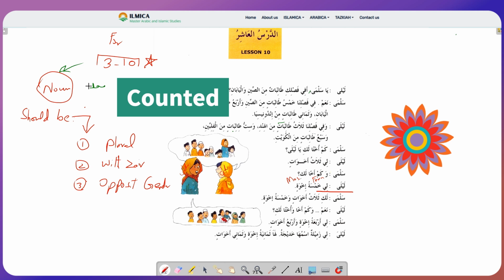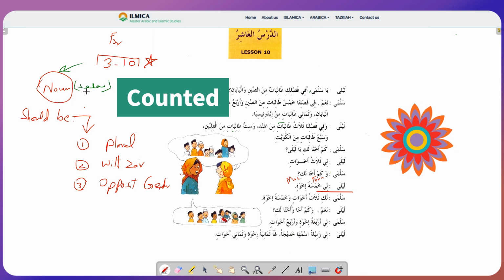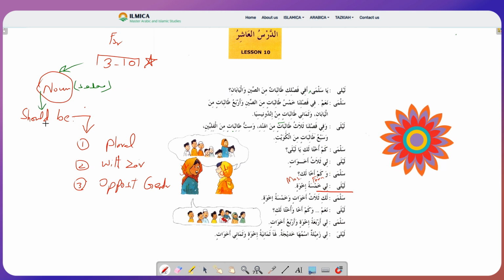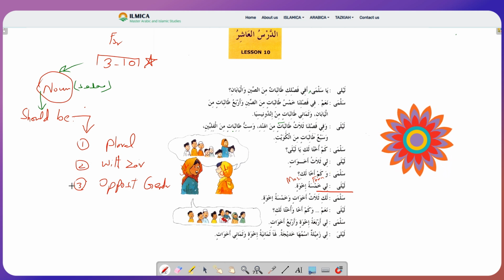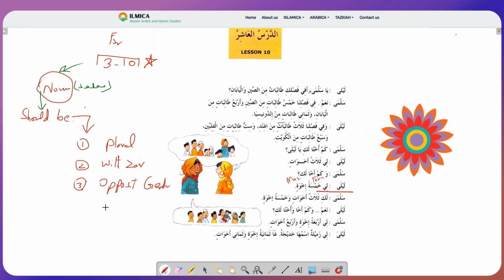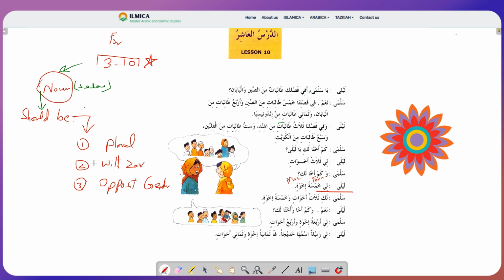Remember, this noun which comes after the number is called Madood. It should maintain these three things. It should follow or observe these three things, which are as follows.